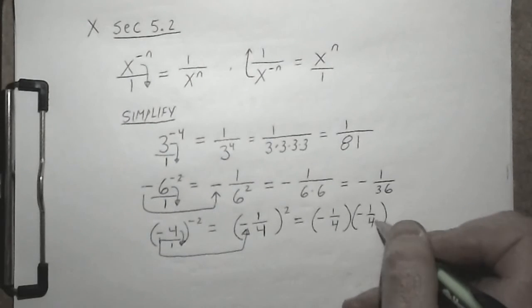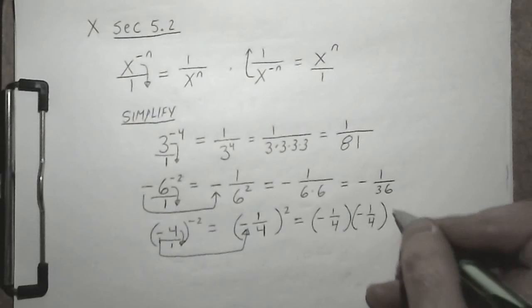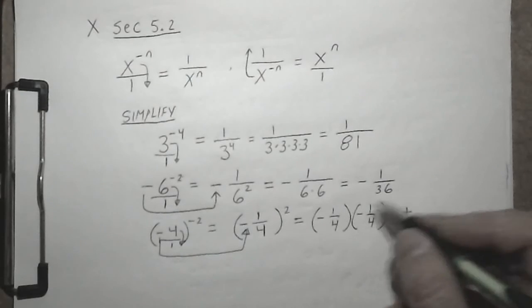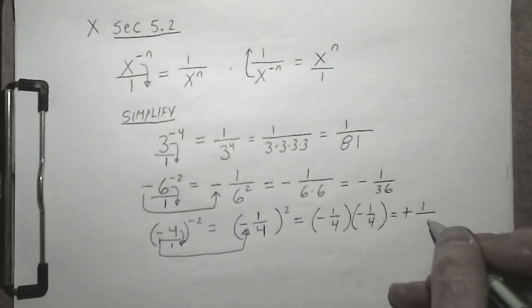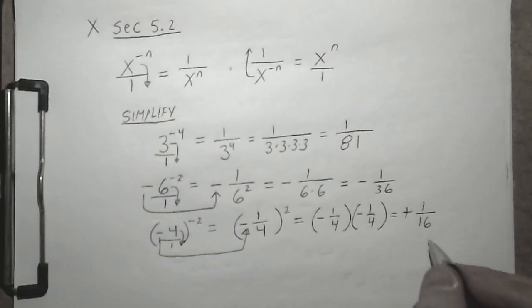And a negative times a negative is really a positive. And 1 times 1 in the numerator is 1, and downstairs in the denominator, 4 times 4 is 16. So this really simplifies to 1 over 16.